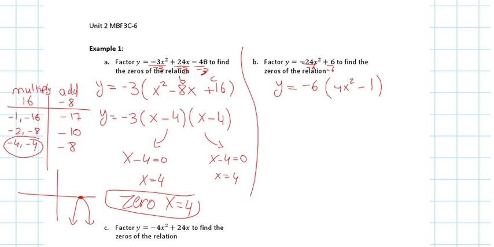Now tell me, what's inside that bracket? How many terms? What do we call that? Binomial. Are they squared terms? Is there a negative between them? Good. So what factoring can I do? Difference of squares. So what's my process for this?